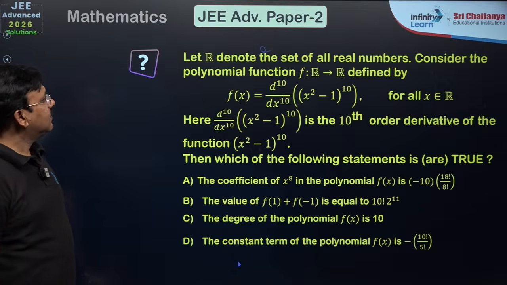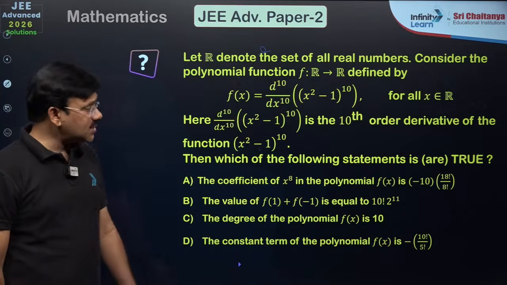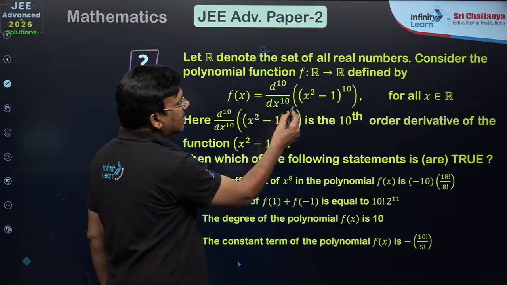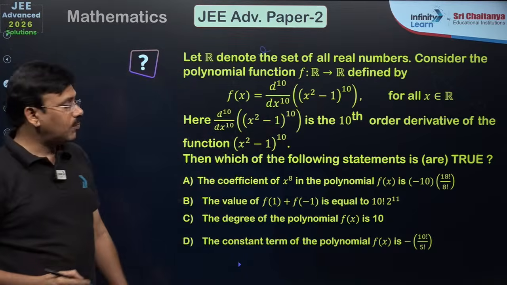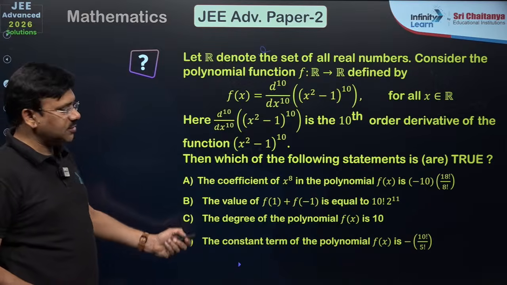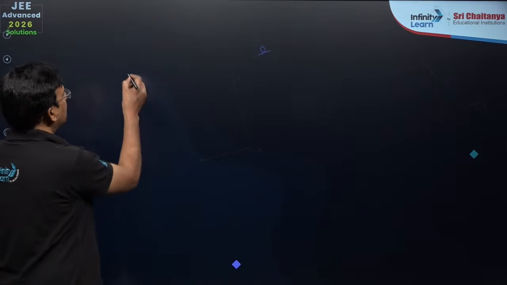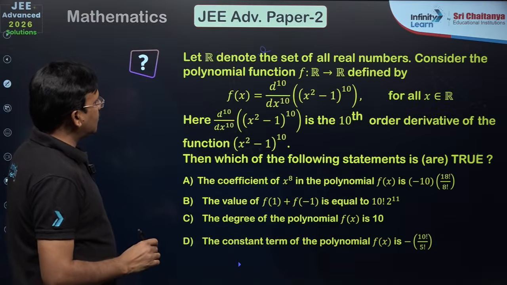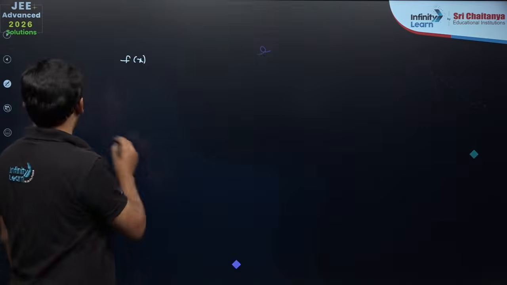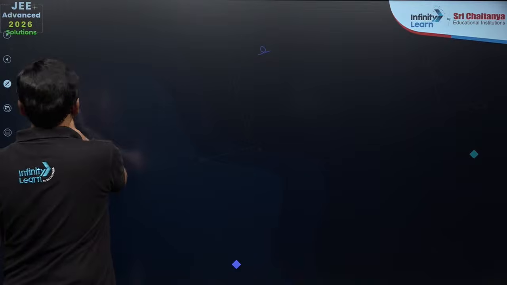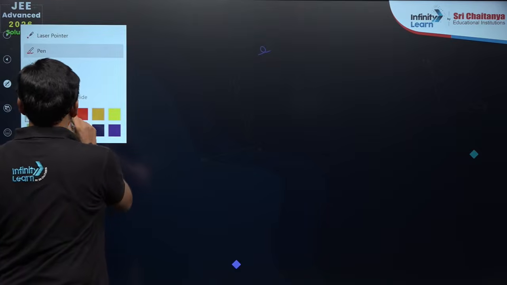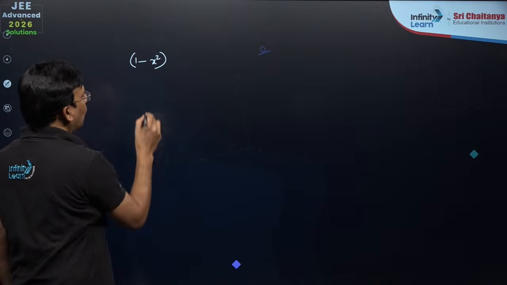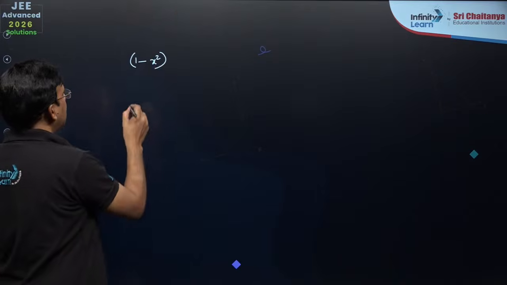The next, friends, this question, you see, he is taking f of x as the 10th derivative of (x square minus 1) whole power 10, followed by some questions. To answer this question, better you just take the function here, 1 minus x square whole power 10.